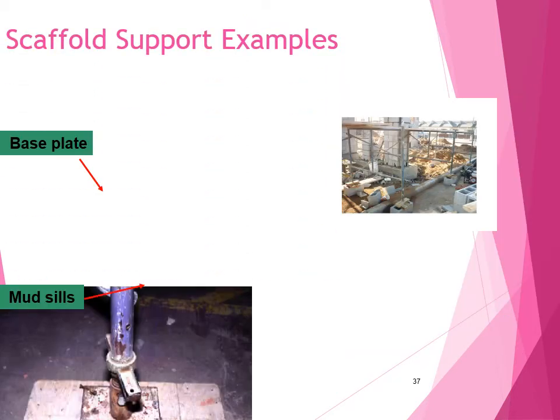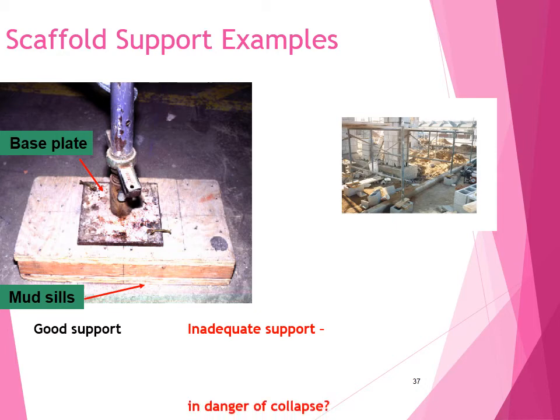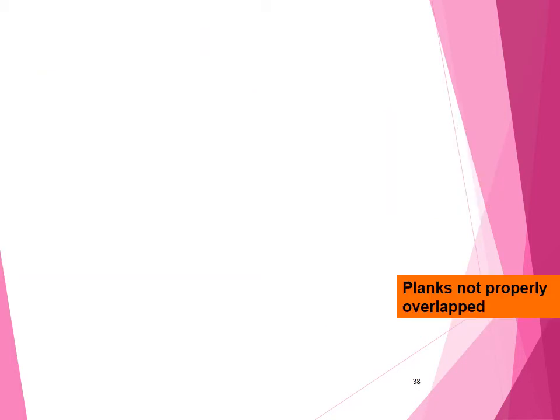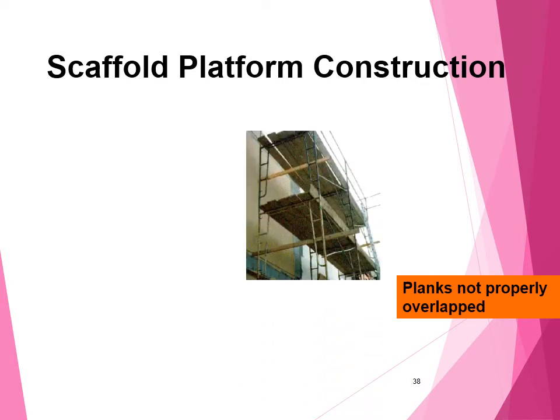Scaffold support examples. This is the way the base plate has to be fit. This is the mud sill which has to be cleaned. The right one is a good support and the left one is an inadequate support. It is in danger. Scaffold platform construction.